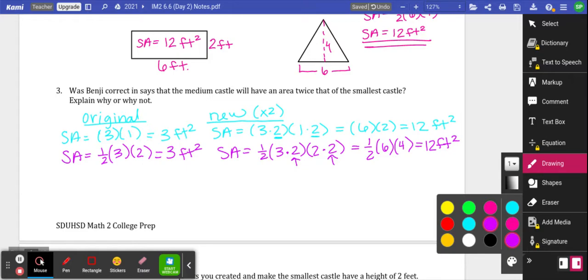So we can write our answer here and say no. Was he correct?